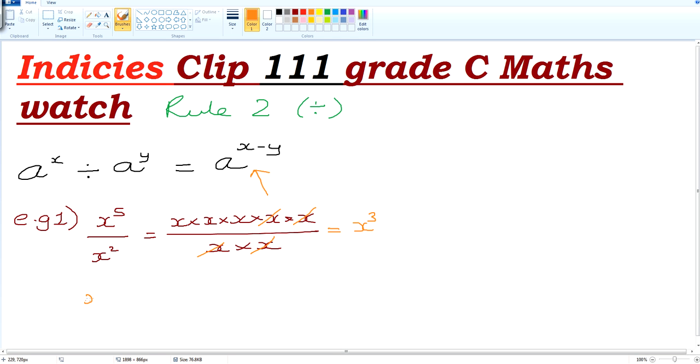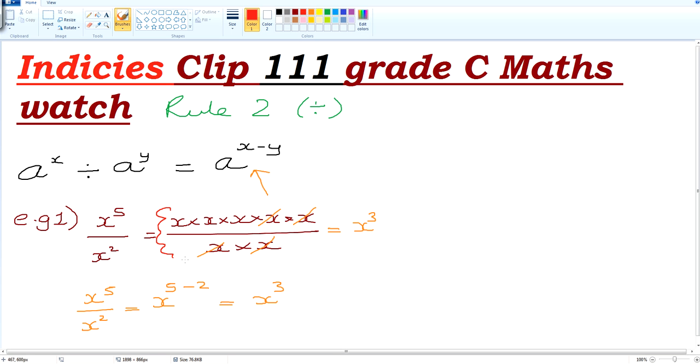Now this is the theory behind how we get the minusing part. Let's have a look what we actually get just following the rule. The rule says when we're dividing them, we take them away. So we have the answer in terms of x, the first power minus the second one, which gives you x to the power of 3. So we get exactly the same answer. It's not surprising.